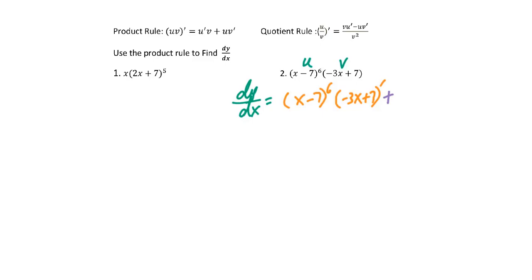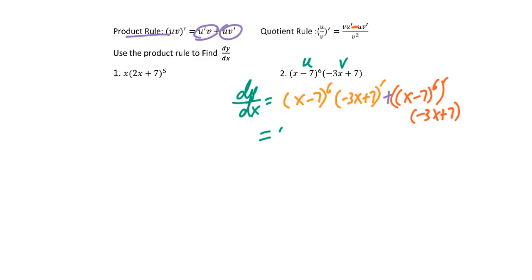I just want to show you it doesn't matter which one you do the derivative of. Order doesn't matter for the product rule, but for the quotient rule, order does matter because there is a subtraction. Therefore, keep going: we do the derivative of (x - 7) to the 6th power, then multiply by negative 3x + 7.